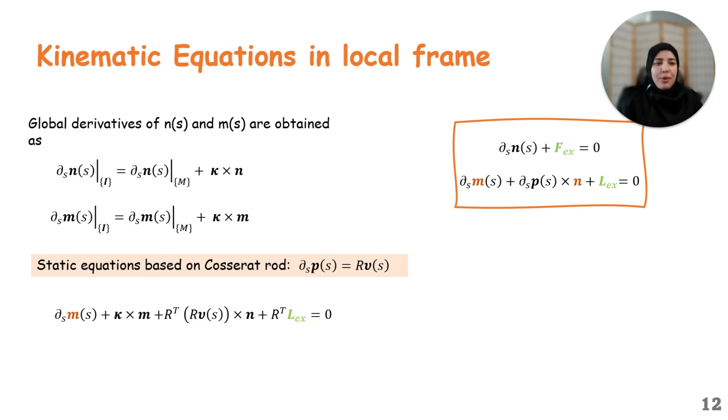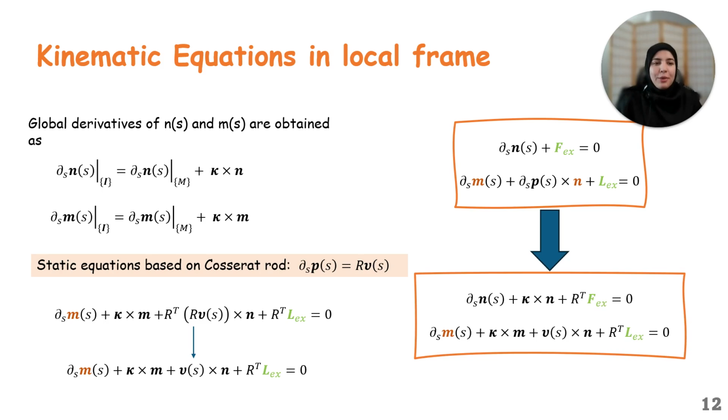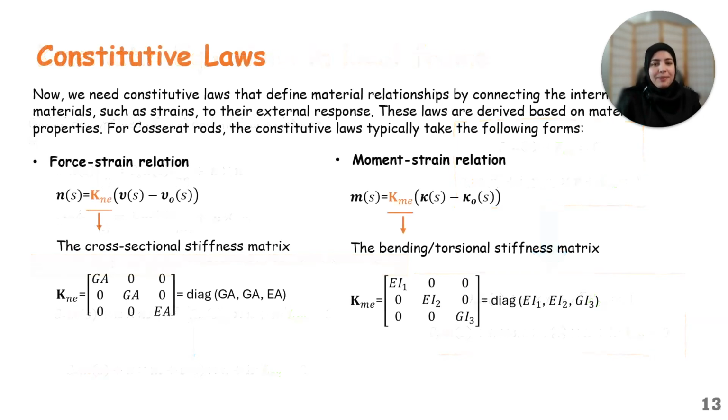So R transpose multiplied by R gives the identity matrix, which simplifies our equation to what you see here. Finally, our kinematic equations in the local frame are obtained as you can see here.